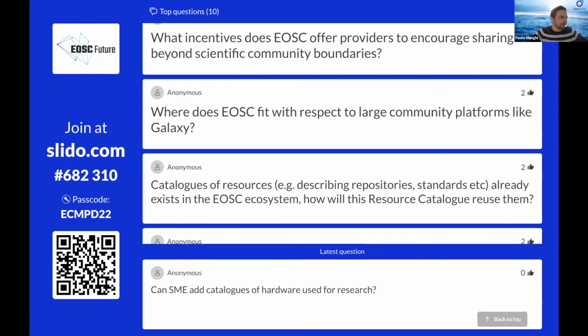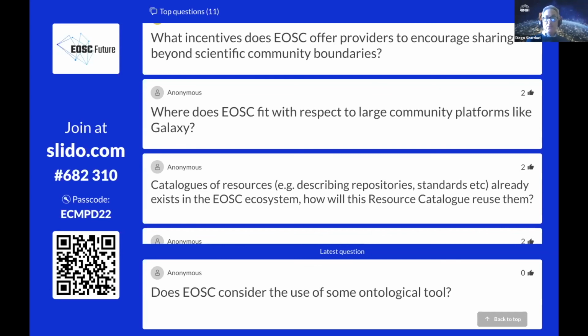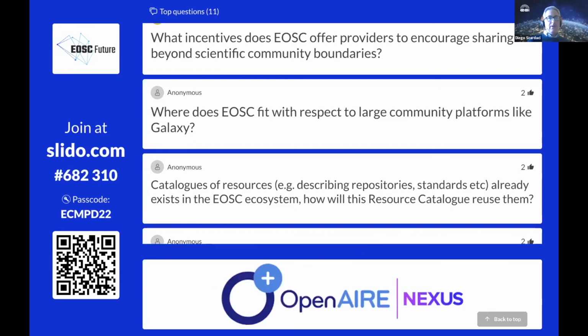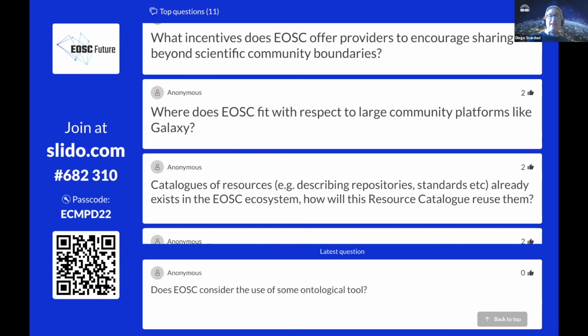Yeah, I think the benefit can be twofold. As Paolo said, the Galaxy community can decide to share its platform to allow other communities to leverage it and use it, going beyond the boundary of the life sciences, for example. From the other side, the Galaxy community can get something from EOSC, for example, can find some specific service and reach the offer.